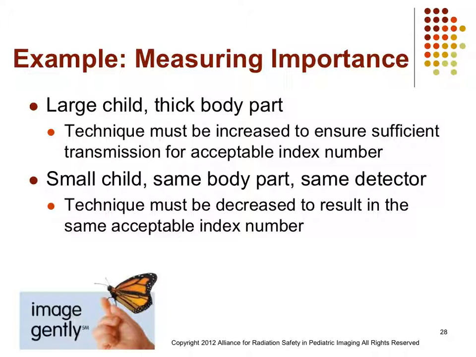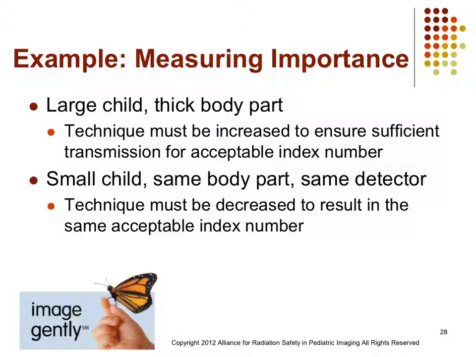So this is just that general example, going back and reiterating the importance of understanding how thick that body part is, whether that's through physical measuring or modern-day approaches, which use computer software that calculates what that patient thickness actually looks like. But we certainly should be looking at that to make sure that we adjust our technique so that sufficient transmission occurs. So it's all about transmission.